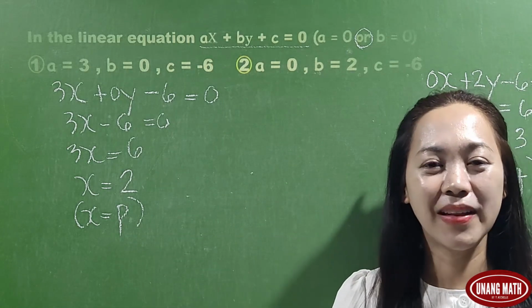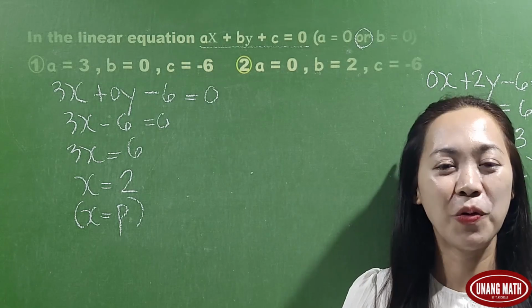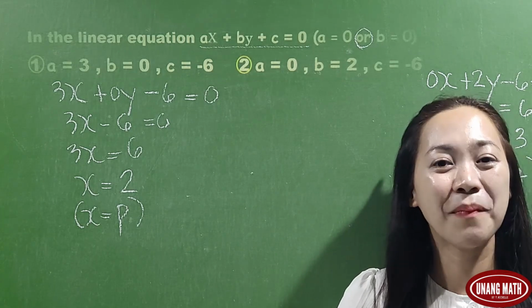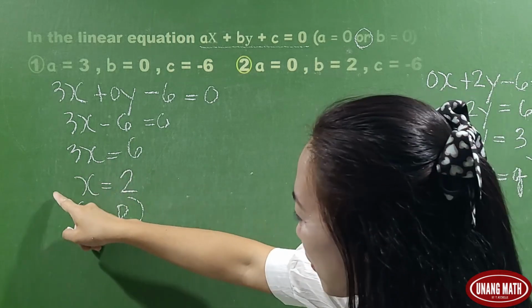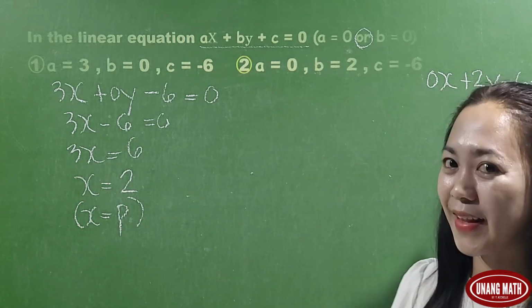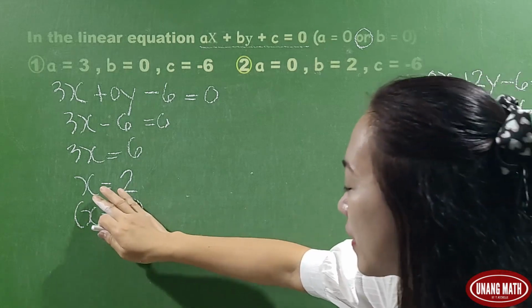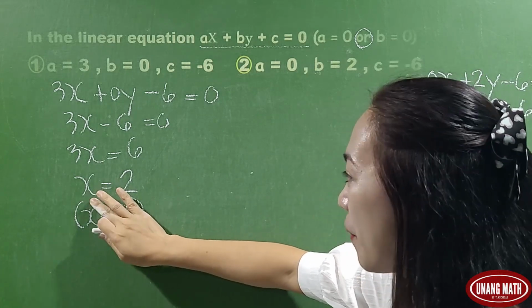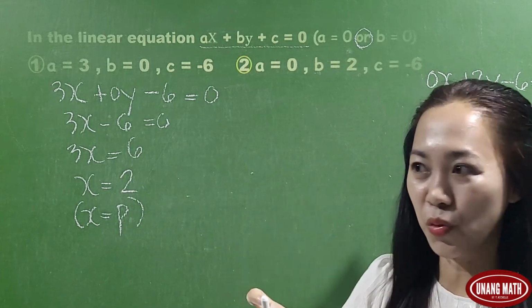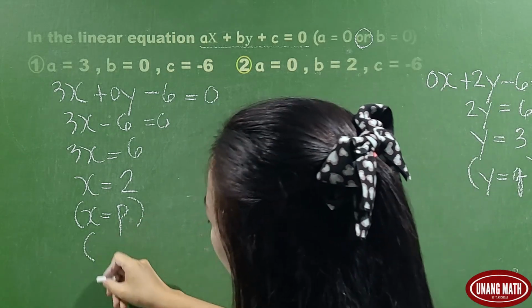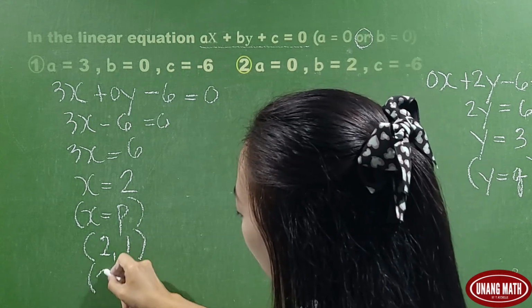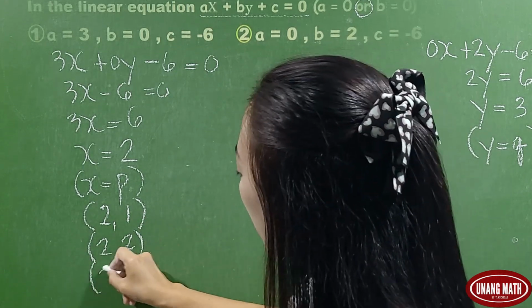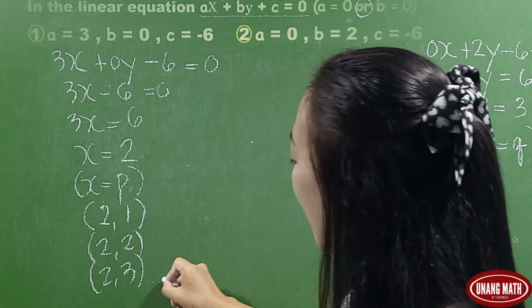We already know that in graphing, we have to know the x and the y coordinates of each point. Okay, since the equation is x is equal to 2, that means that all the x coordinates of the points are 2. So a possible point is (2, 1). Okay, we can also have (2, 2), (2, 3), and so on.